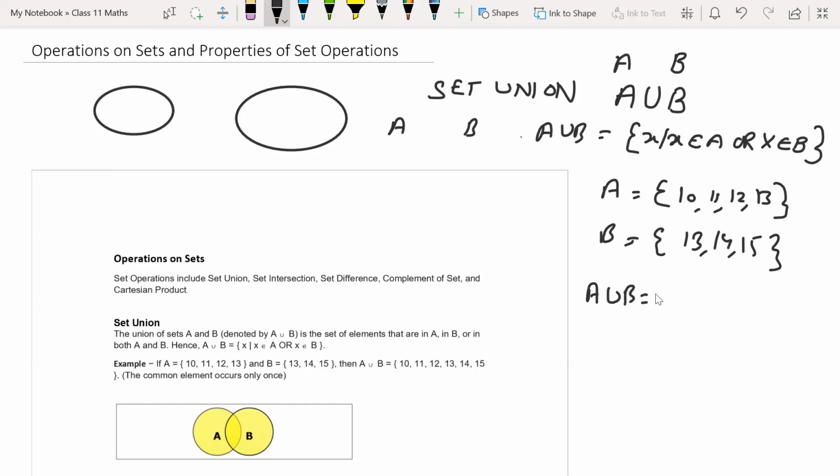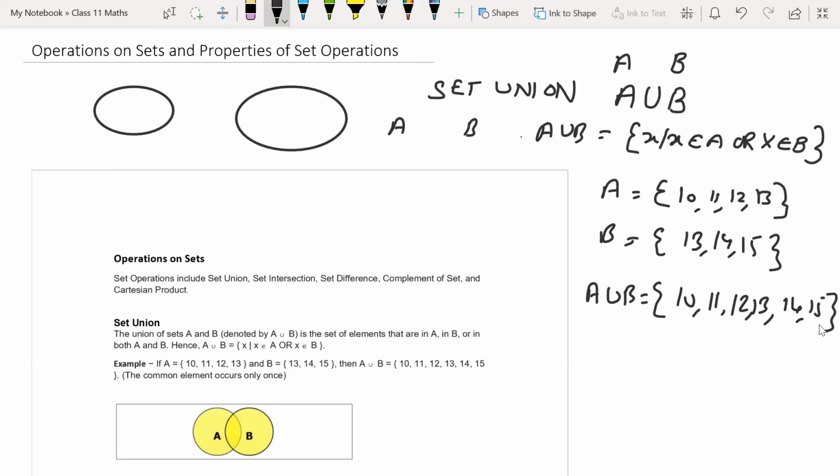A ∪ B contains all elements of A, that is 10, 11, 12, 13, and the elements in B, but if an element occurs more than once, it is written only one time: 10, 11, 12, 13, 14, and 15.